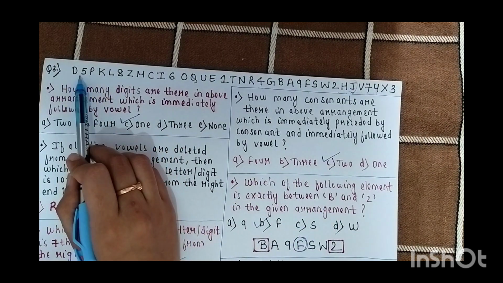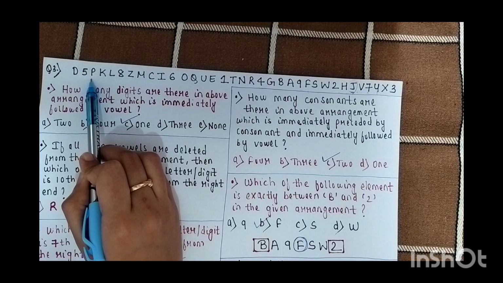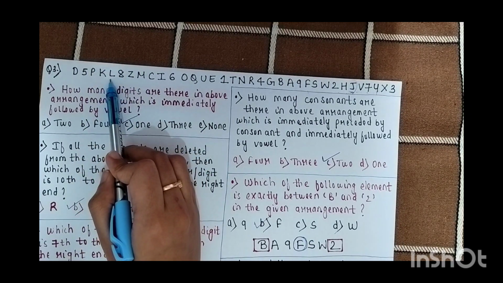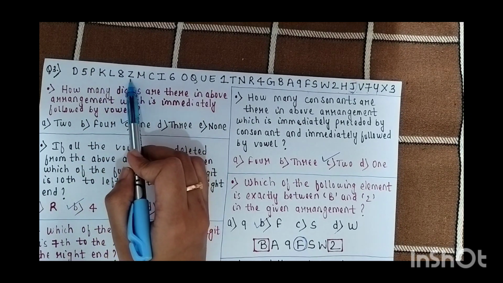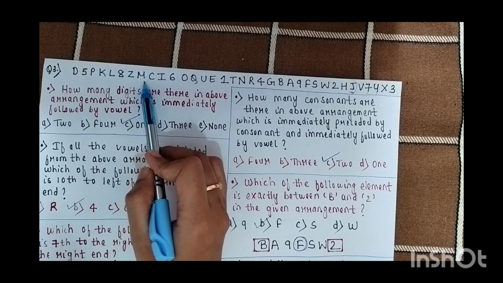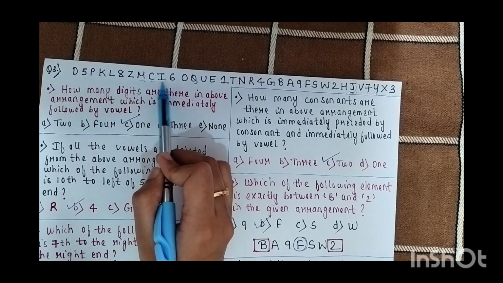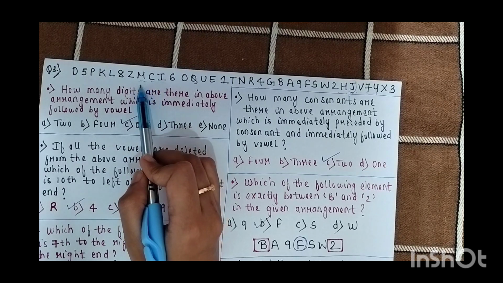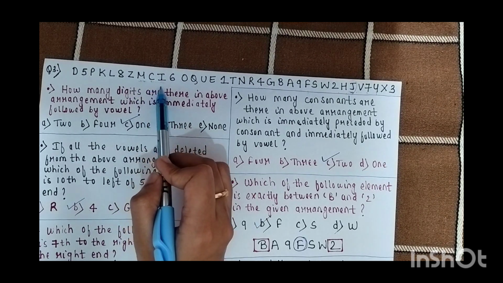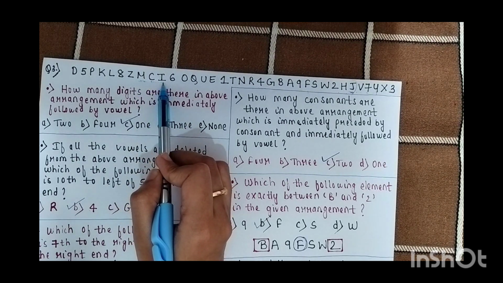Okay. So here it's not possible. Here it's not possible. Here also it is not possible. Okay. Here you see in this MCI, it is immediately preceded by a consonant, immediately followed by a vowel. So this is one.